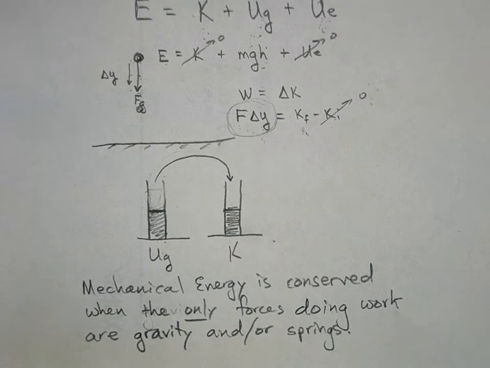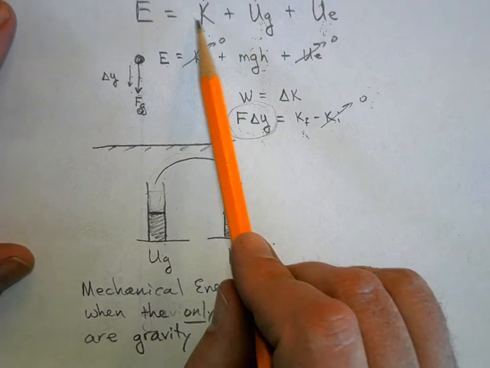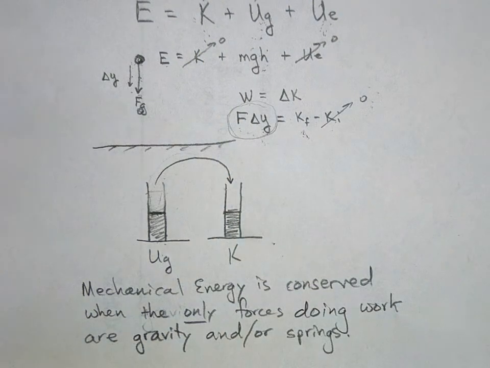When gravity is doing work, all we're doing is transferring energy to or from gravitational potential energy, from kinetic or elastic potential energy. Okay? And if that is true, then the total amount of energy isn't changing. This is kind of similar to what we did with momentum.